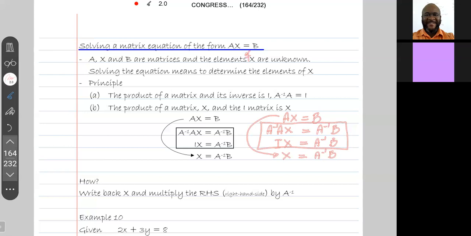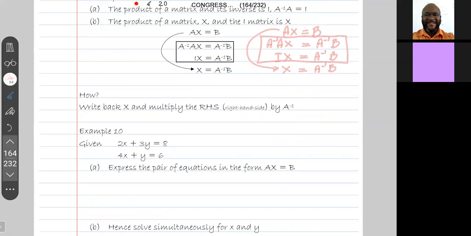Again, if I have a matrix equation of the form AX is equal to B, where A, X, and B are matrices, and the elements of the matrix X are unknown, to solve, I simply write back the matrix X on the left-hand side and multiply the matrix B on the right-hand side by A inverse. All right, so let's see this in action.